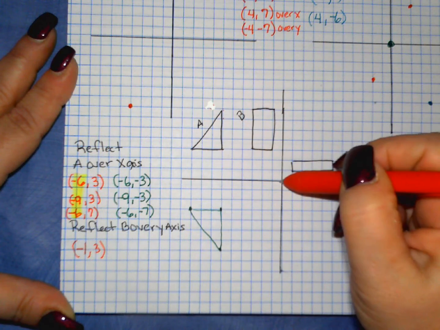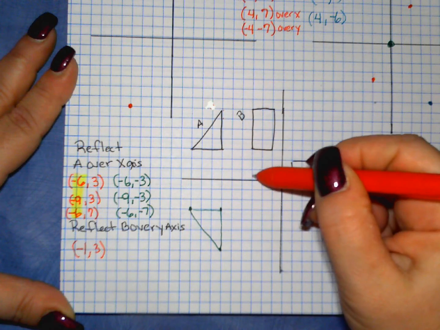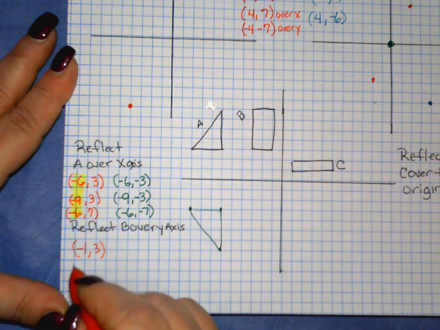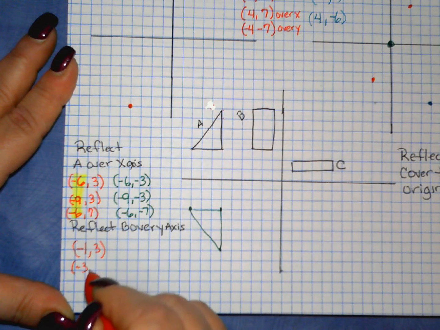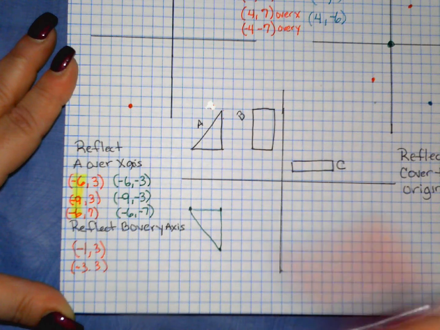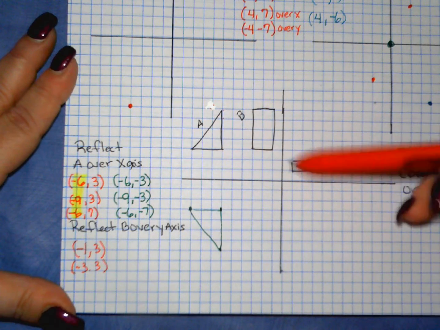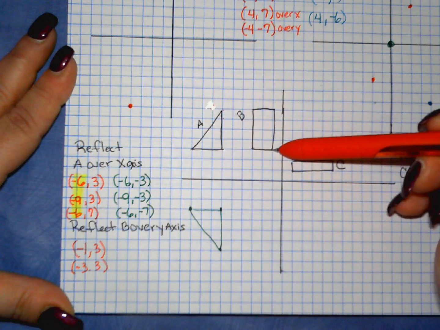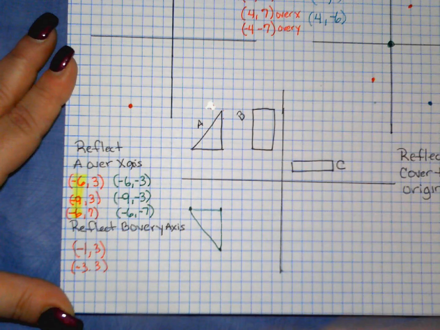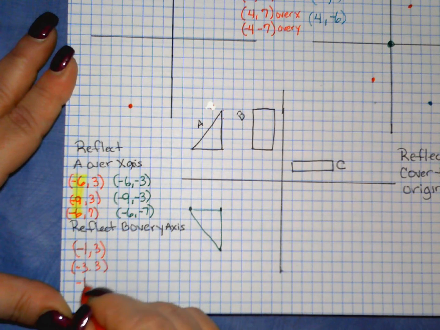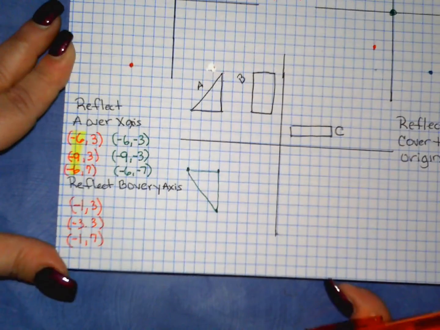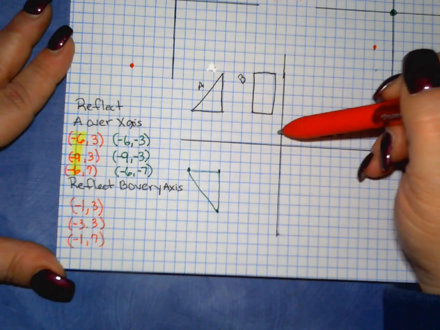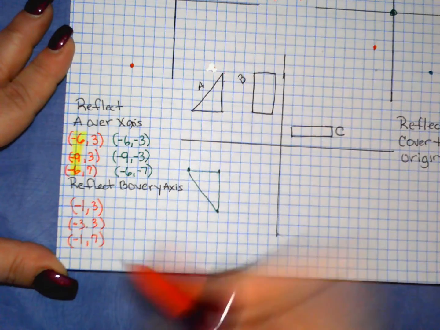Next point, -3, 3. Next point, -1, 1, 2, 3, 4, 5, 6, 7. And then the last point, -3, 7.